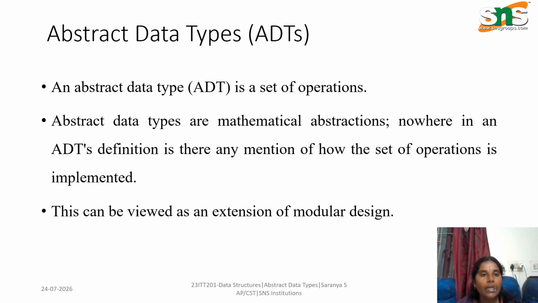Now, an ADT is a set of operations, and abstract data types are mathematical abstractions. Nowhere in an ADT's definition is there any mention of how the set of operations is to be implemented.